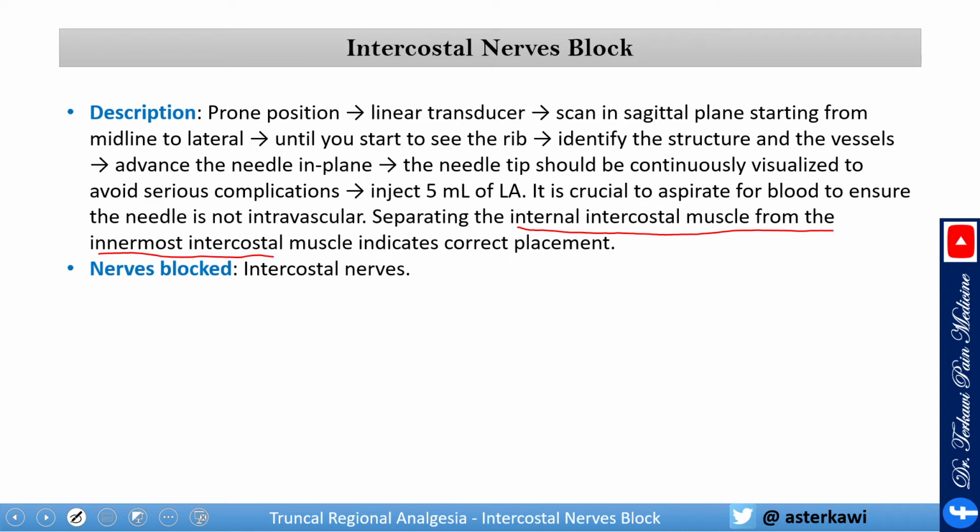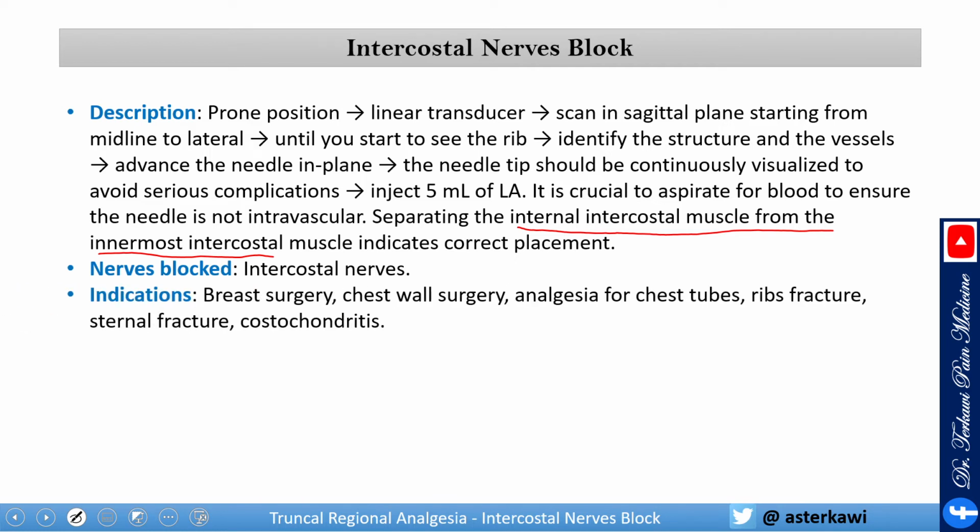So by far, this is the deepest truncal block if we exclude the paravertebral, of course. Nerve block: intercostal nerves and its branches.